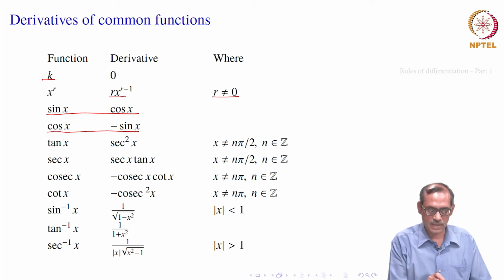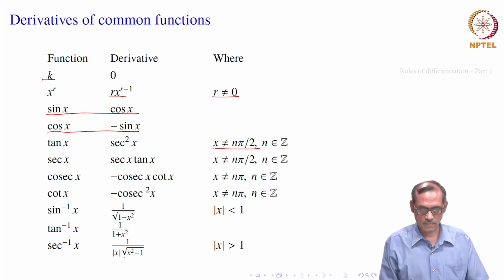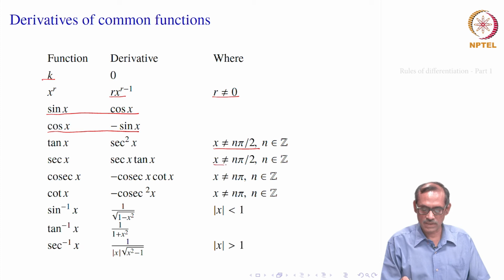Similarly, you proceed, you get derivative of tan x as secant square x. Of course, tan x is not defined at multiples of pi by 2. So, except those points, tan x derivative will be secant square x. Similarly, for secant x, it will be secant x into tan x, again where it is not defined. So, that has to be eliminated, except those points, everywhere else this formula holds.